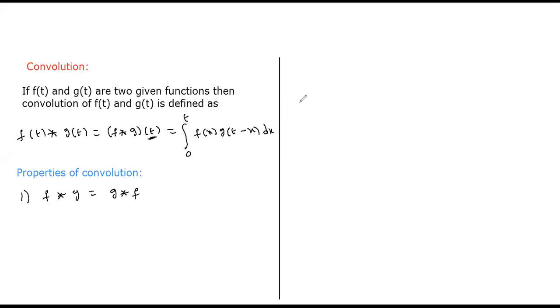How is this possible? What is f convolution g at t? According to the formula, it is the integral from 0 to t of f of x g of t minus x dx.